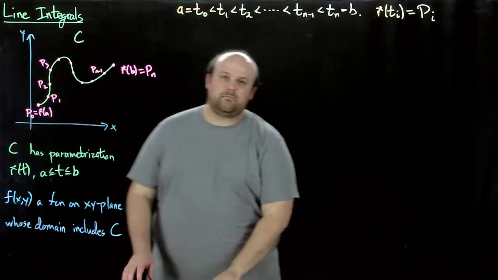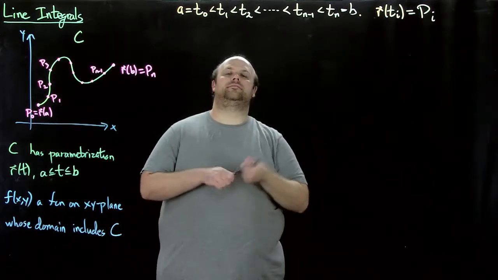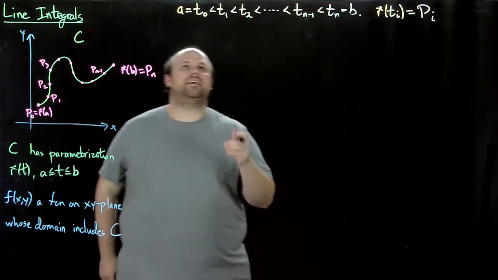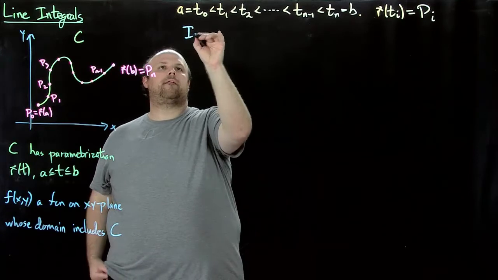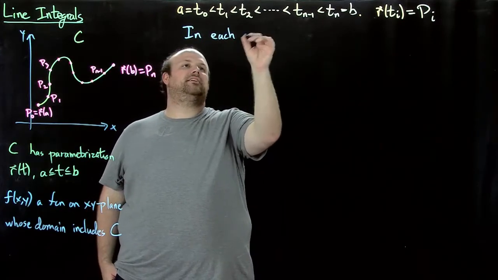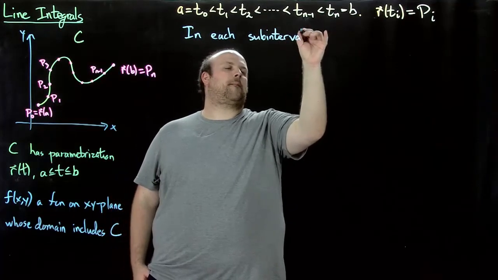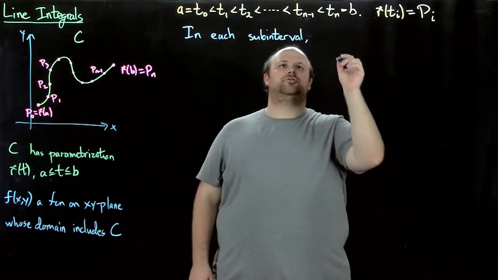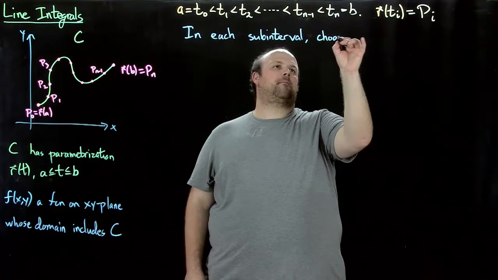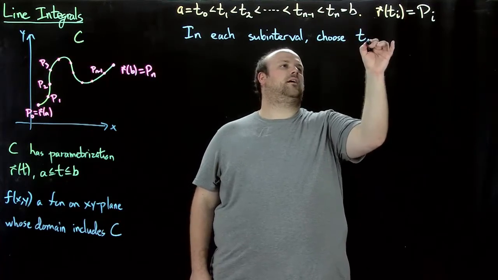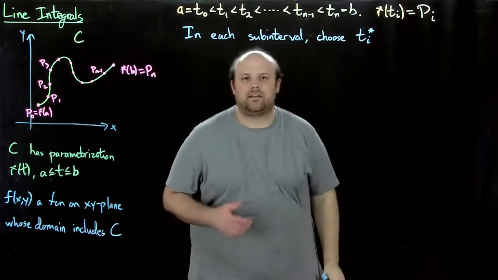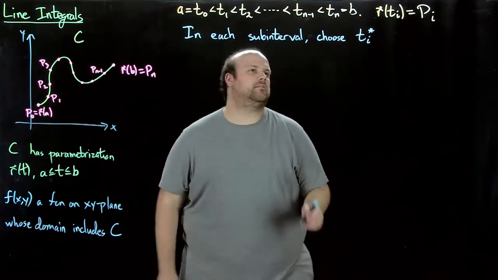Right? And then what I want to do is, in each subinterval, choose ti star, right? And what are the subintervals?